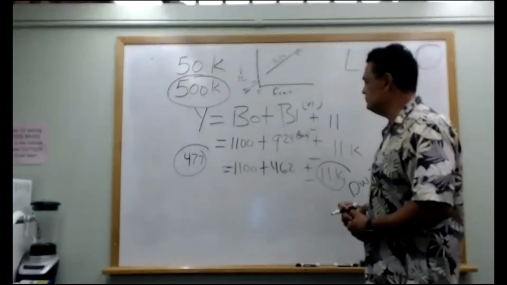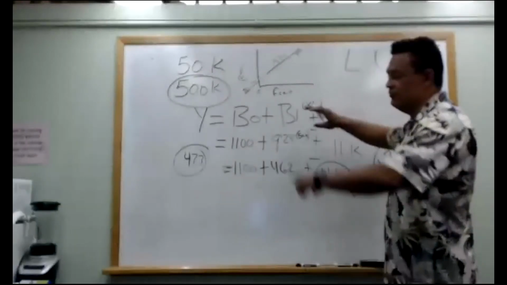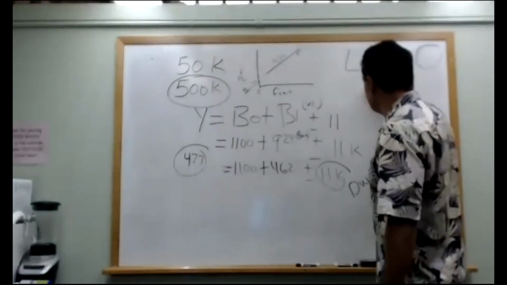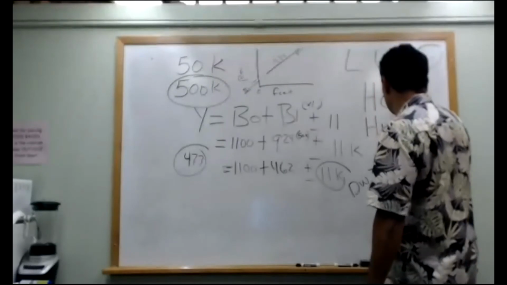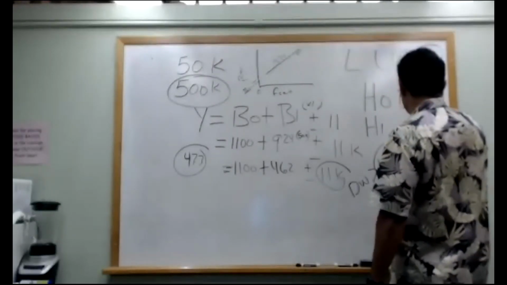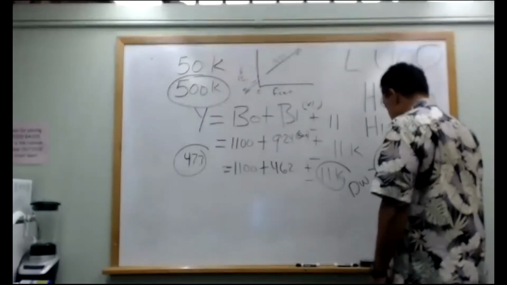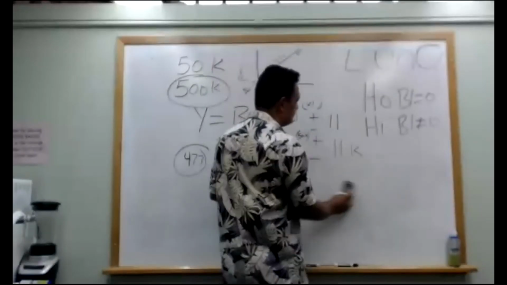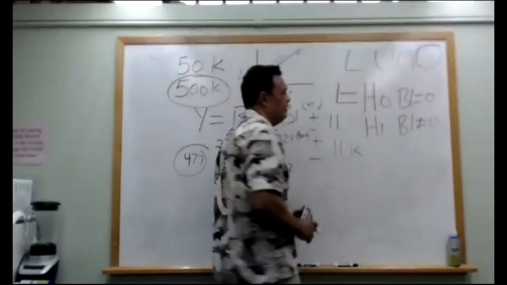Well, how about, are you sure that this thing really works, that the linear regression is really okay? So we write our hypothesis. B1 equals 0. B1 does not equal 0. What that is literally saying is if B1 equals 0, then we really don't have a slope.